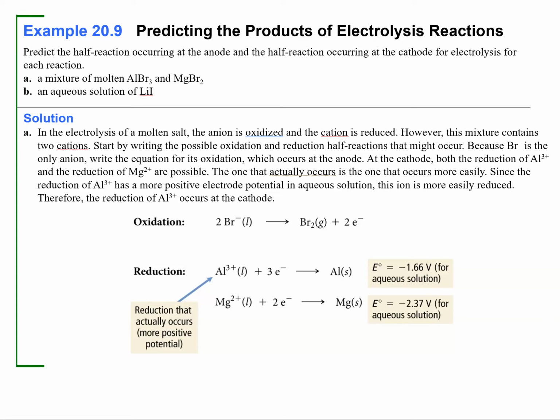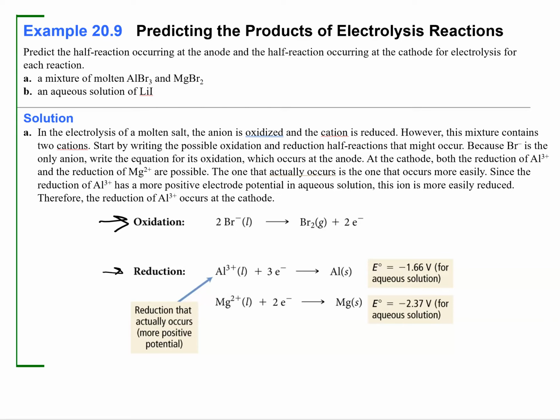Since the reduction of, in this case, aluminum 3 is going to be more positive in terms of electrode potential, that's going to be the one reduced, and that's the one we're going to calculate. So, once again, we only have one anion, so we only have one oxidation going on.